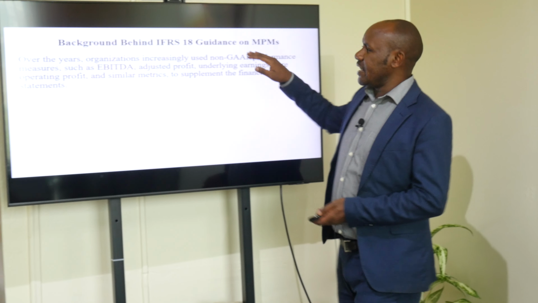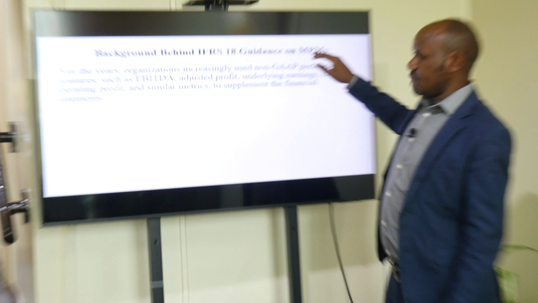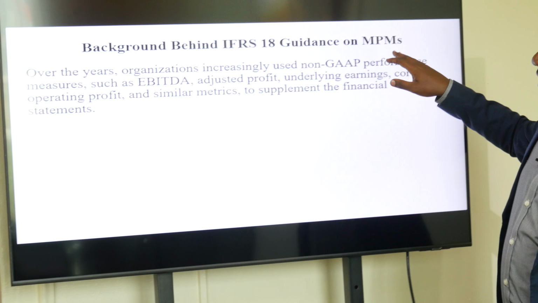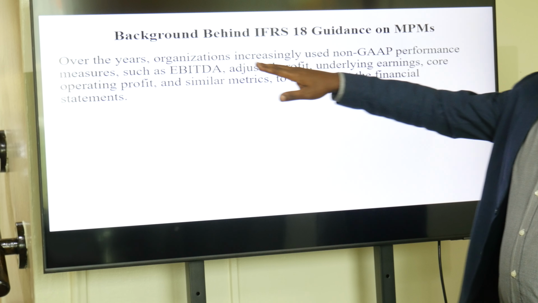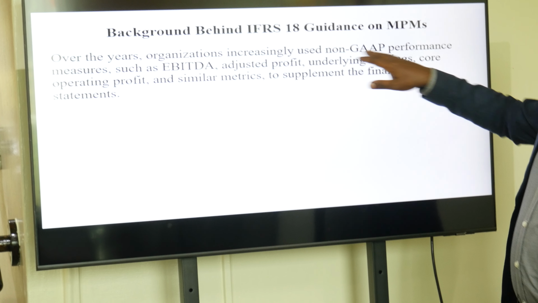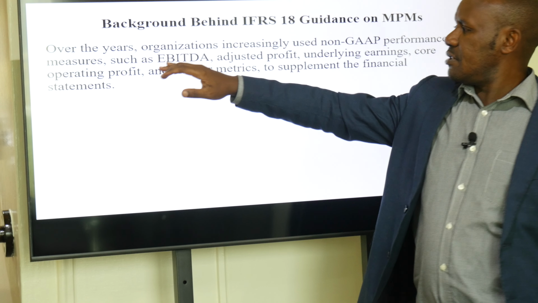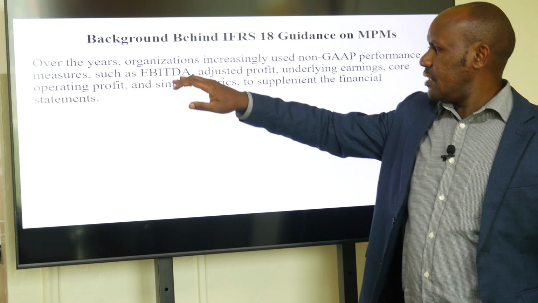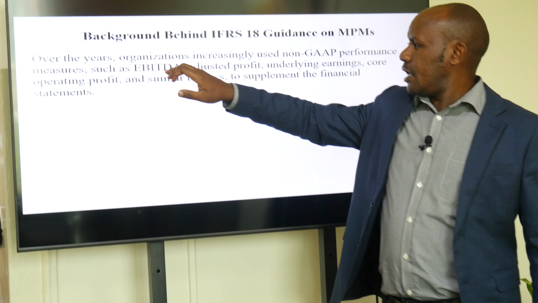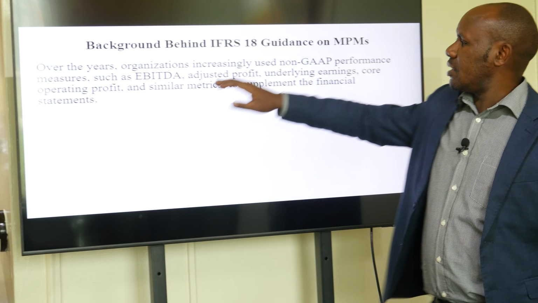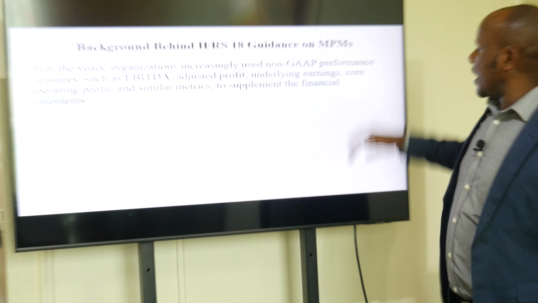So why are they guiding us on MPMs, management defined performance measures? Over the years, organizations have used non-GAAP performance measures such as earnings before interest, tax, depreciation and amortization, adjusted profit, underlying earnings.